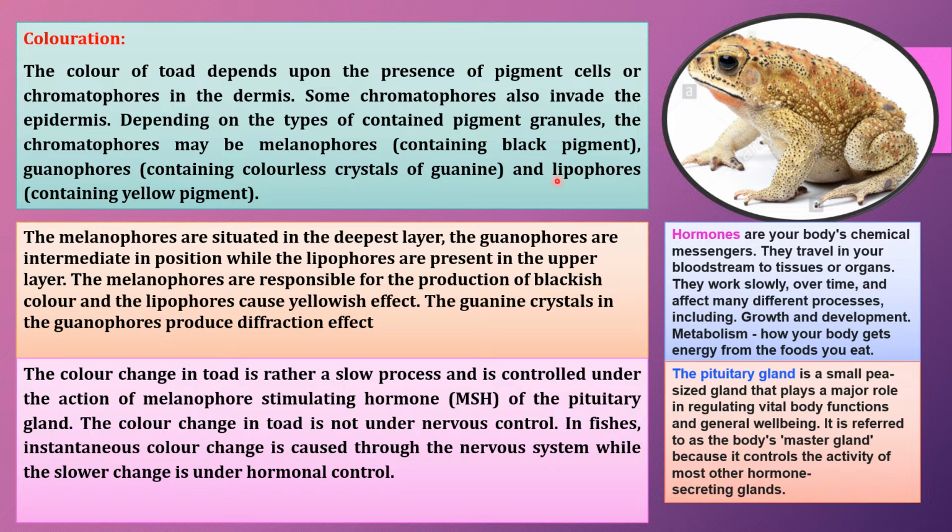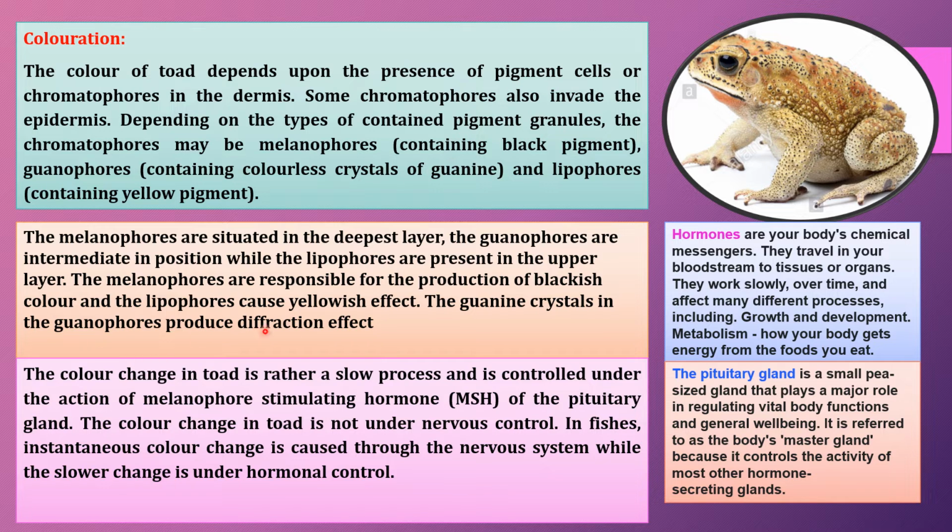That means lipophores are present in the upper layer of the skin. Under lipophores, guanophores are present, and under this, another layer, that is melanophores. That means guanophores are present in between melanophores and lipophores. That's why it is called intermediate in position.